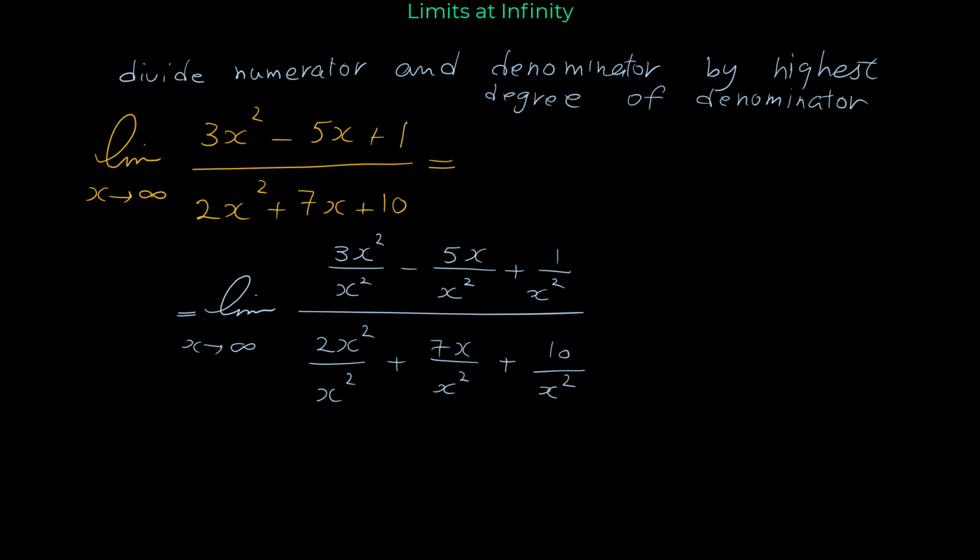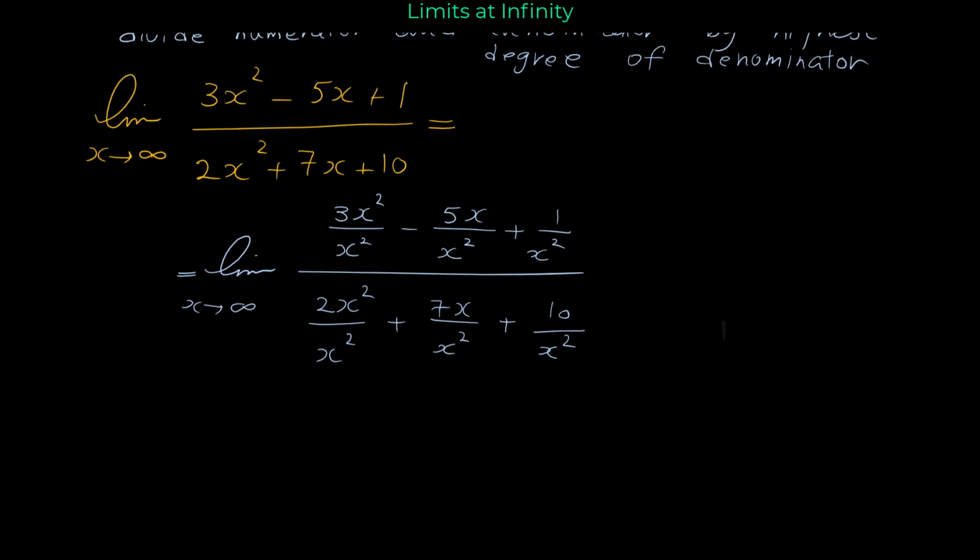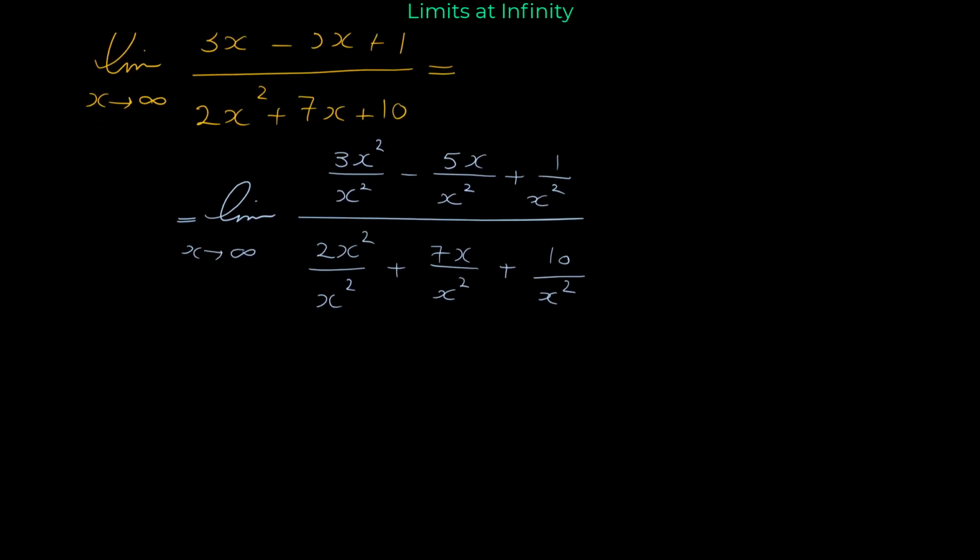Now, if you simplify these fractions just a little, what would we have? Because there is x common between numerator and denominator, we can simplify them. For example, what is 3x^2 over x^2? x^2 and x^2 cancel, so this term is just 3.